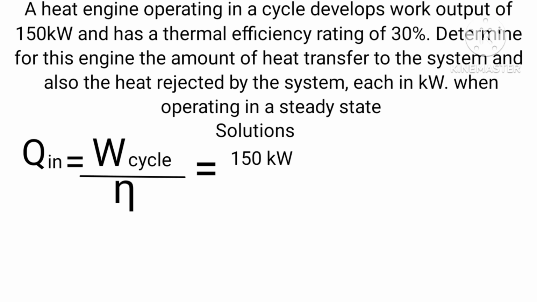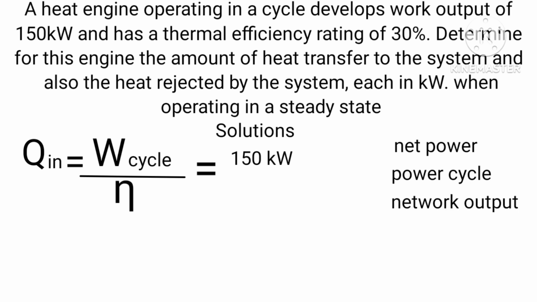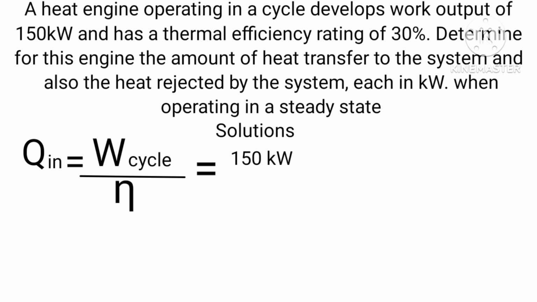You can also call it the net power or the power cycle, or the net work output of a particular engine. So the W cycle here is 150 kilowatts over 0.3, which is the cycle efficiency. If we divide it, we get 500 kilowatts. So the heat transferred into the system is 500 kilowatts.